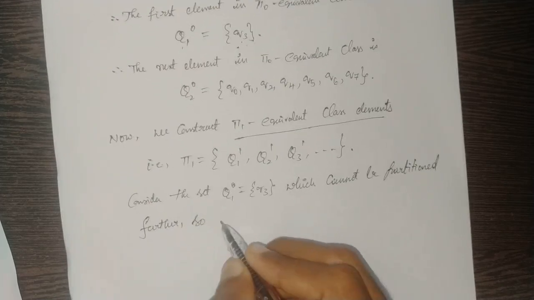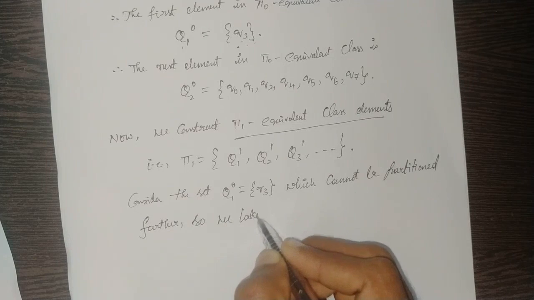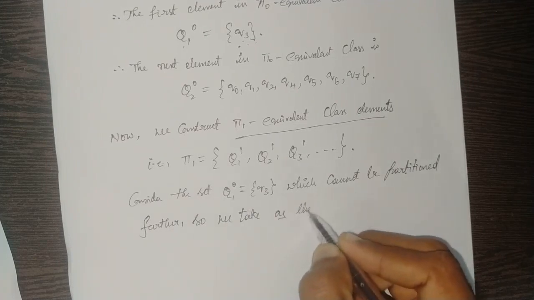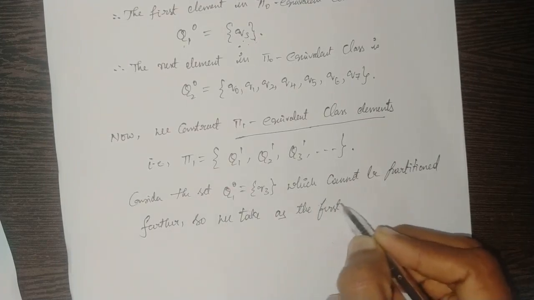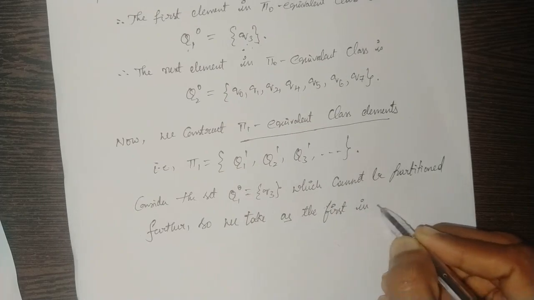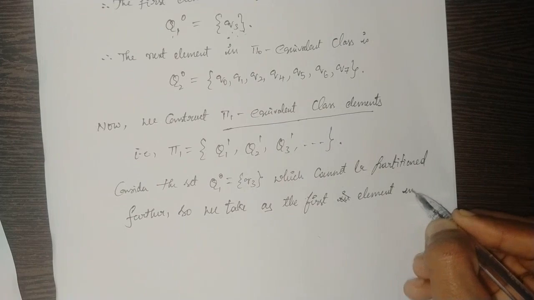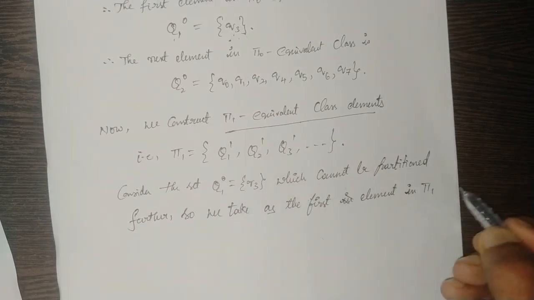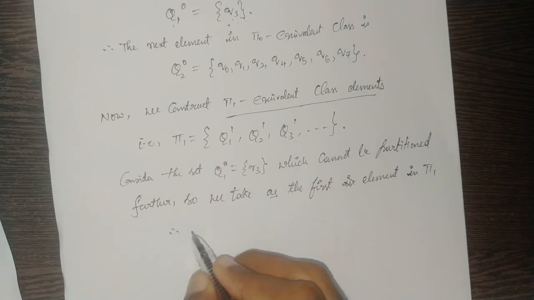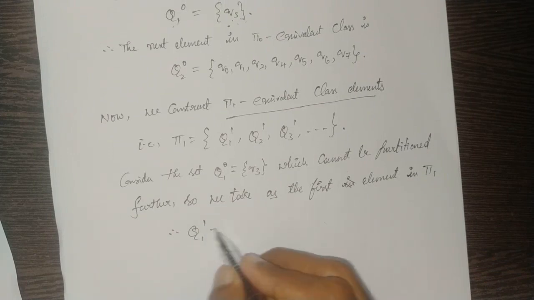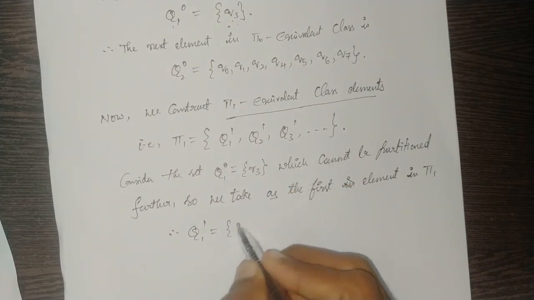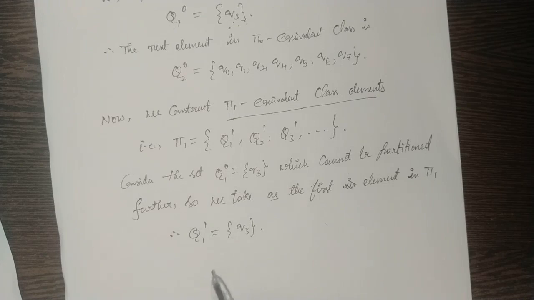So we take it as the first element in pi 1. That is Q11, the singleton Q3.